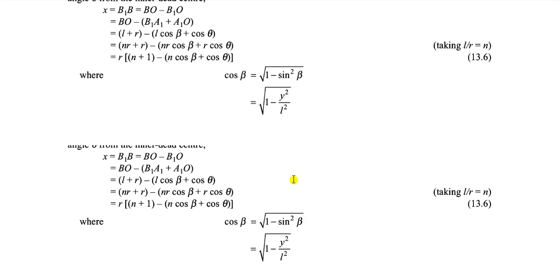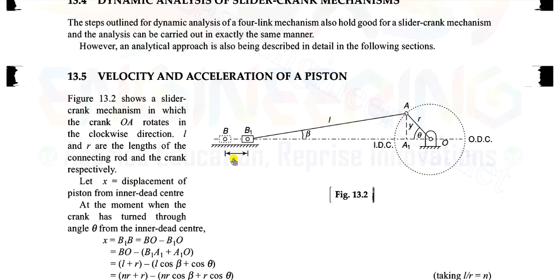For example, come here. He is giving stroke, means the total, the maximum displacement or the maximum distance this piston covers. For example, this is the extreme position here, and this A is here, so this is the B position. Now for example, after some time this A will go to the outer dead center. In that case, this B will be somewhere here. So this total distance is called the stroke.